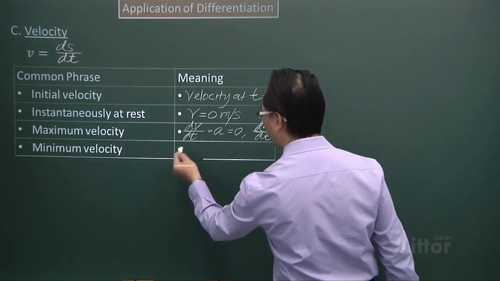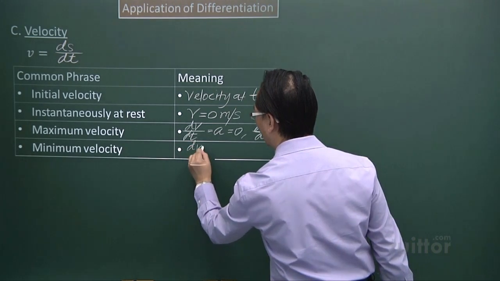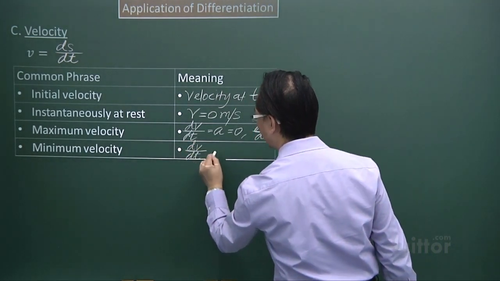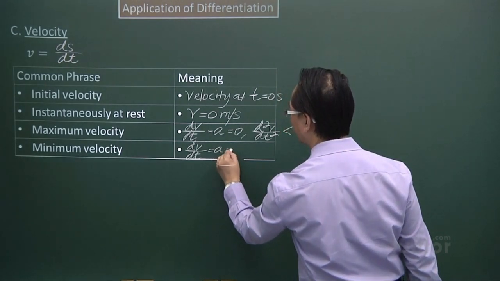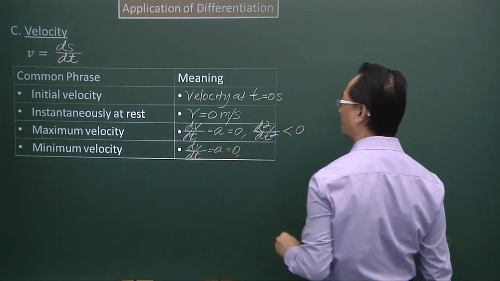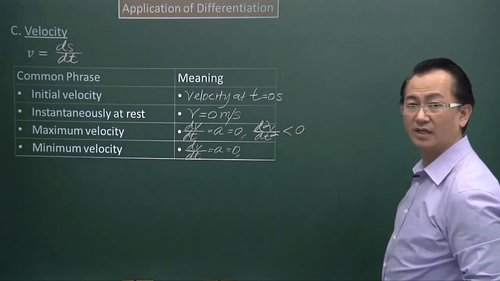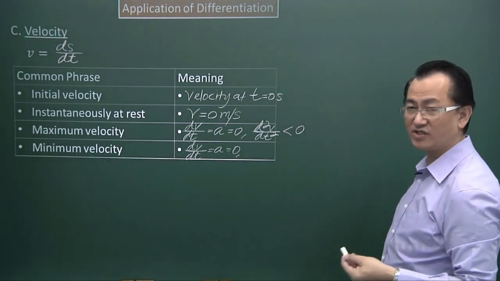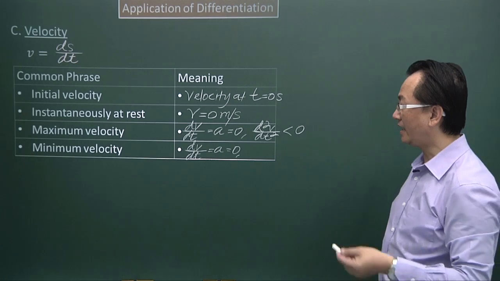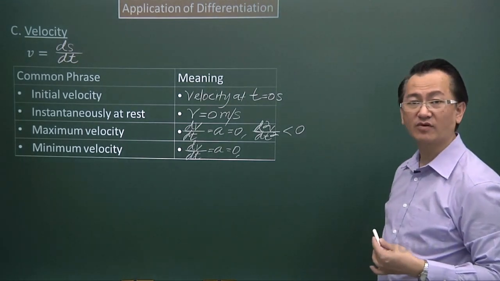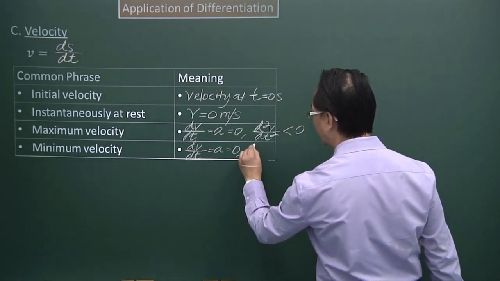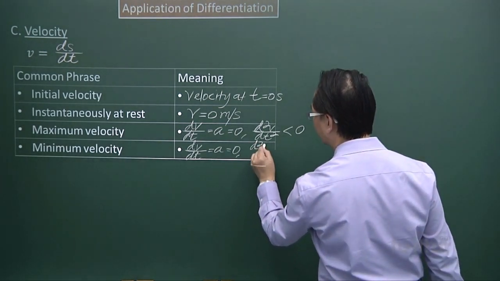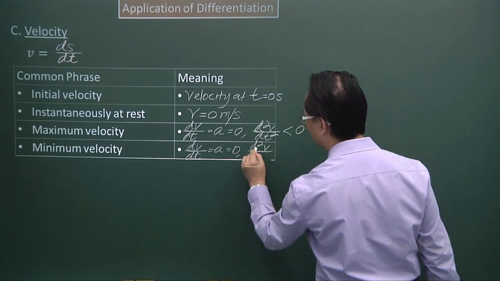As for minimum velocity, I want to take the first derivative, which is also equal to the acceleration. It will be a 0 value because we are talking about a stationary point, and stationary points have 0 gradient. Then the second derivative will test out the nature of the point.